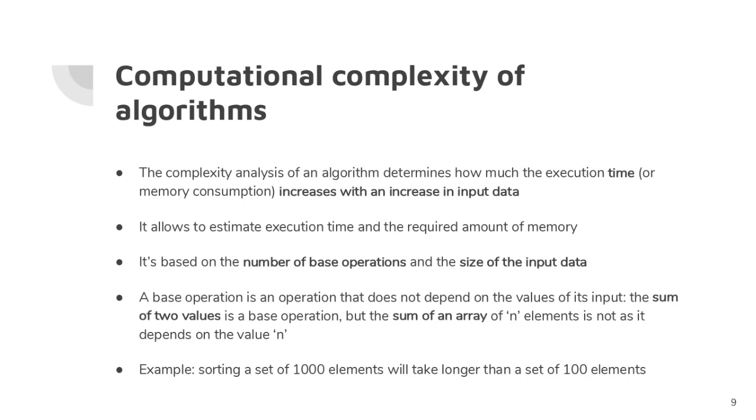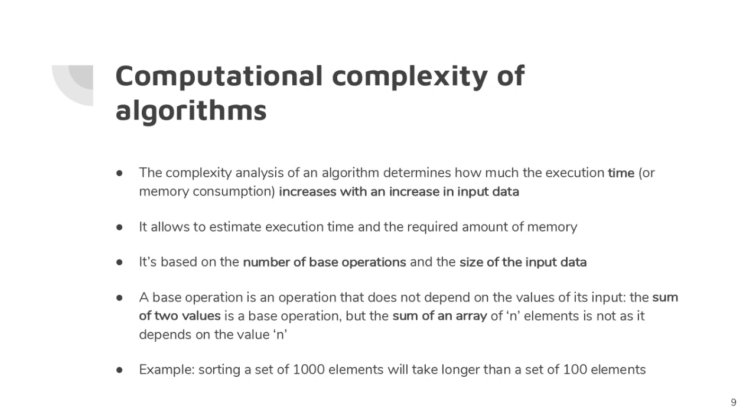So we're mainly interested in how much an algorithm scales. So if you have a small list consisting of 5 elements, it doesn't really matter which algorithm you use, because every algorithm will finish in a couple of milliseconds. But if you want to sort 1 million numbers or billions of numbers, then we typically look at the complexity.